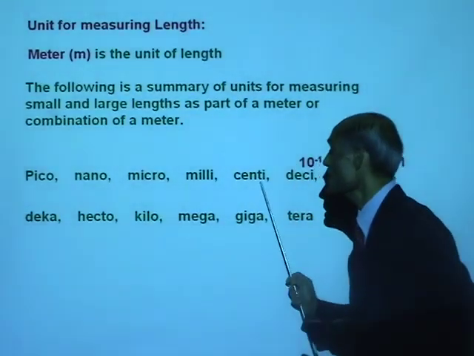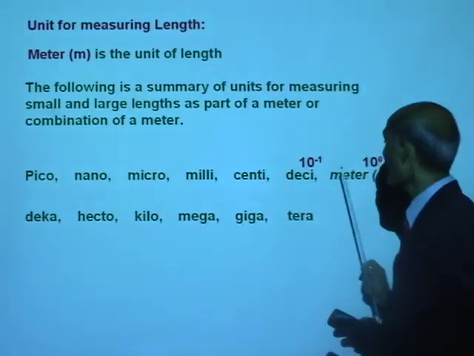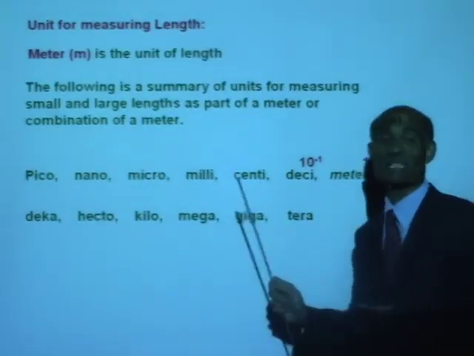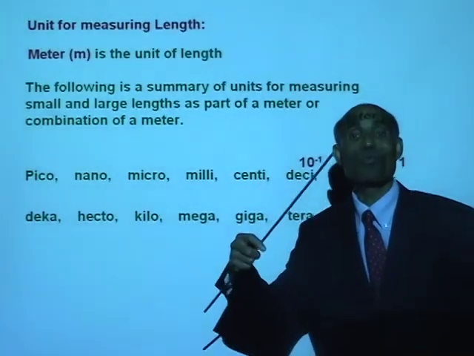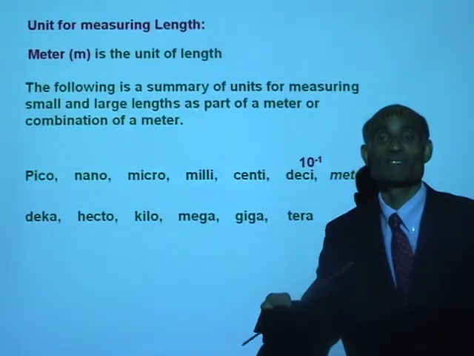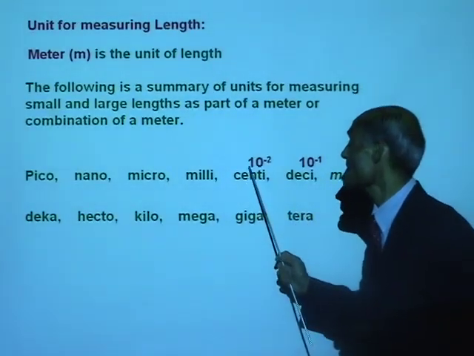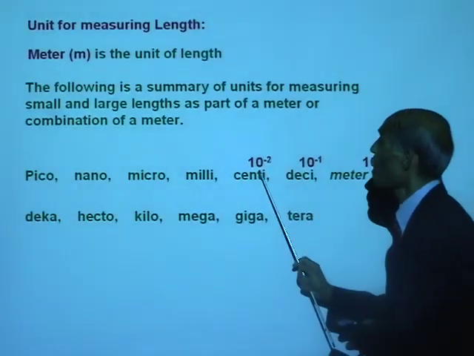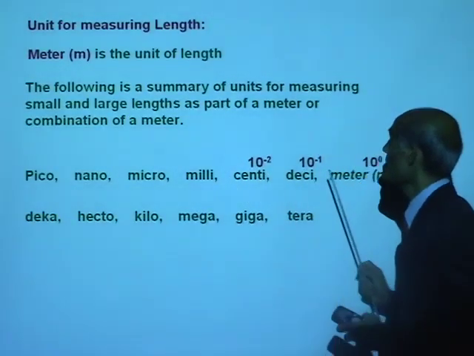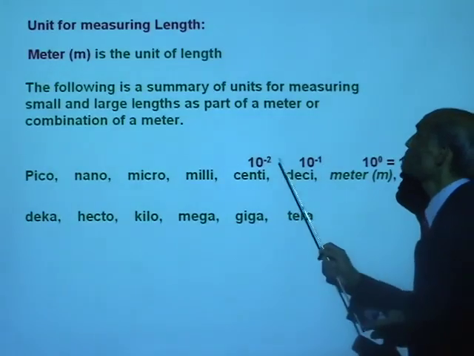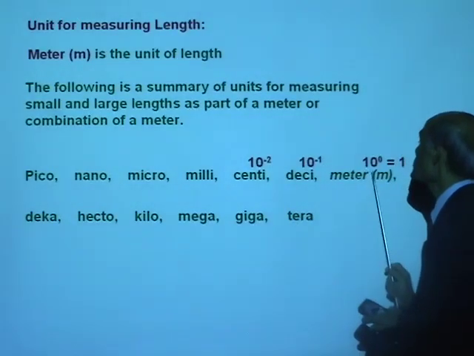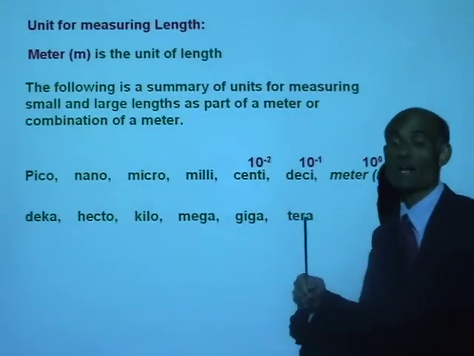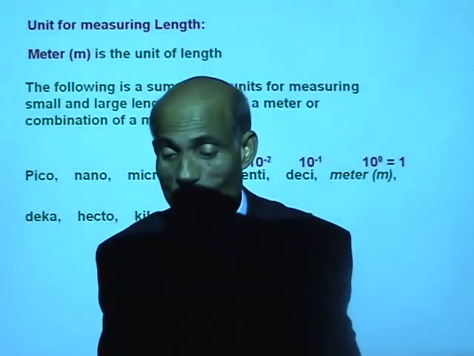Alright, centi. What part of a whole is centi? Centi is 1/100. How do you write that? 10 to the power of -2. That means 1 centimeter is 10 to the power of -2 of a meter, a 100th of a meter.